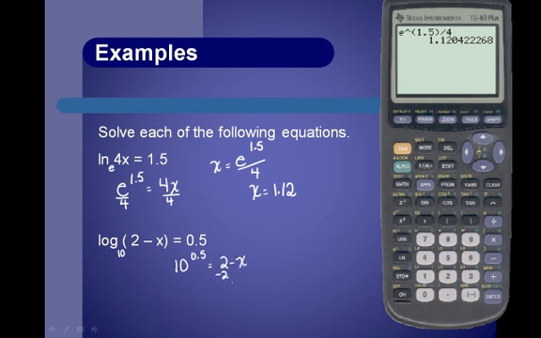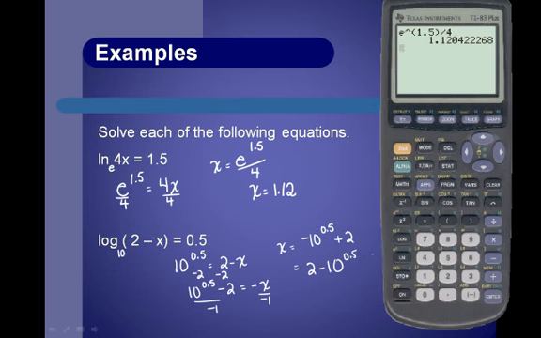So then we're going to subtract 2 from both sides, so we get 10 to the 0.5 minus 2 is equal to negative x. Then we're going to divide both sides by negative 1. So we get x is equal to negative 10 to the 0.5 plus 2. Or we could even rewrite that as 2 minus 10 to the 0.5 power.